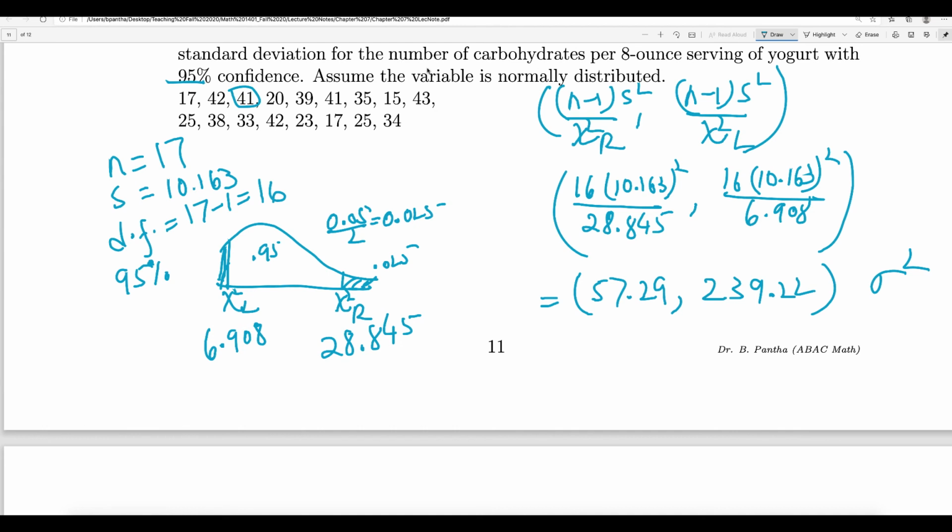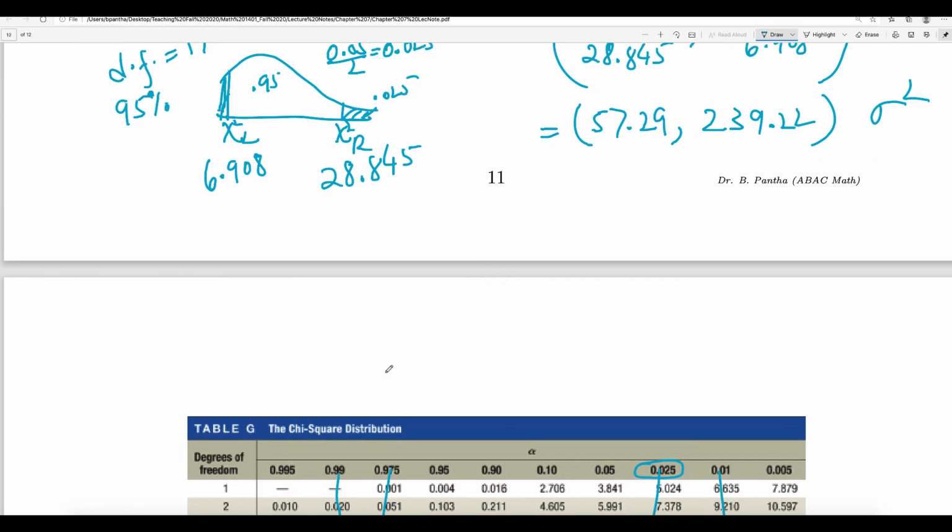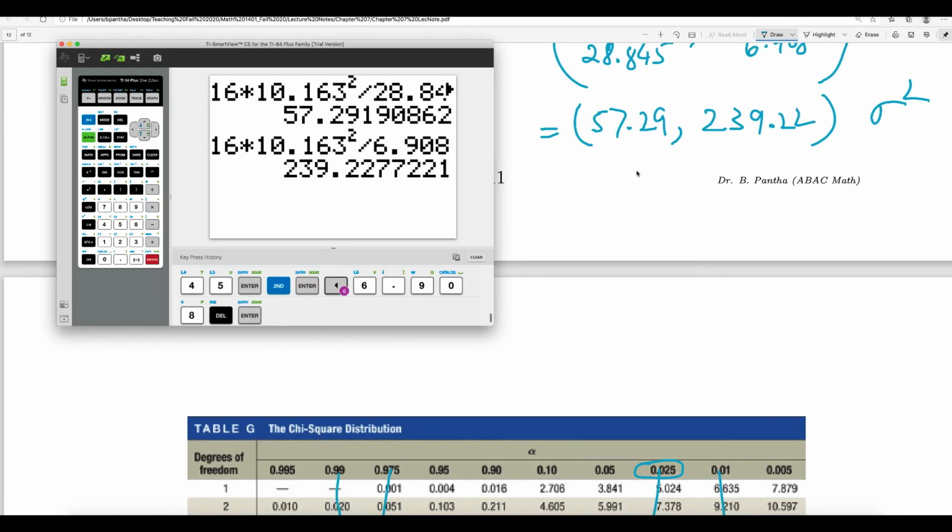But what is for sigma? Find the 95% confidence interval for variance and standard deviation, right? Yes, for both variance and standard deviation. So you need to find the confidence interval for both. For standard deviation, you need to take the square root of that.